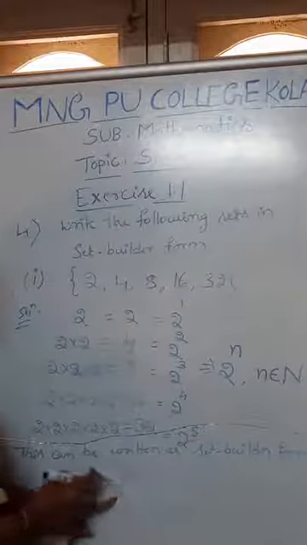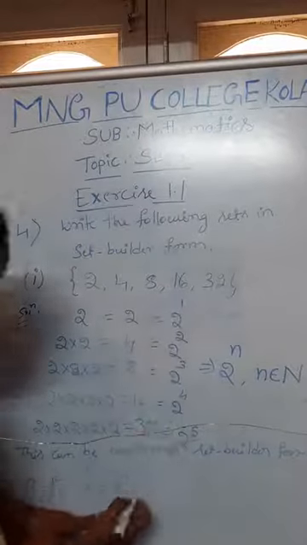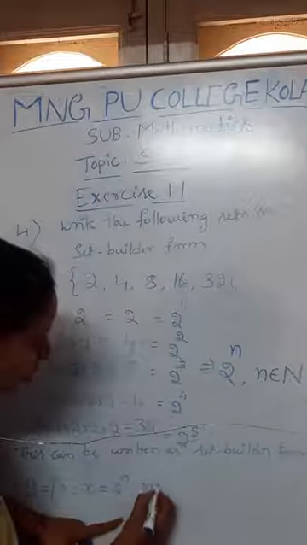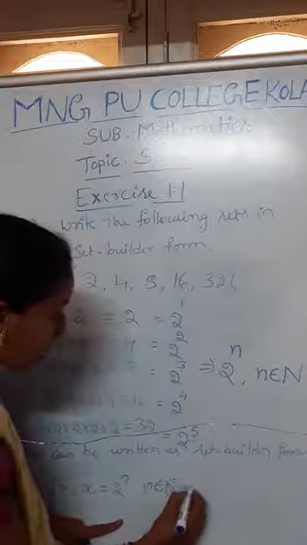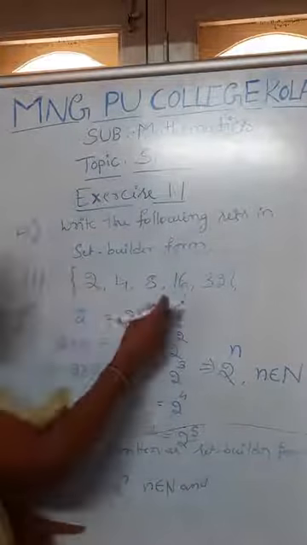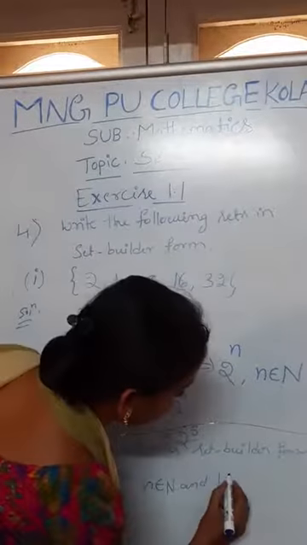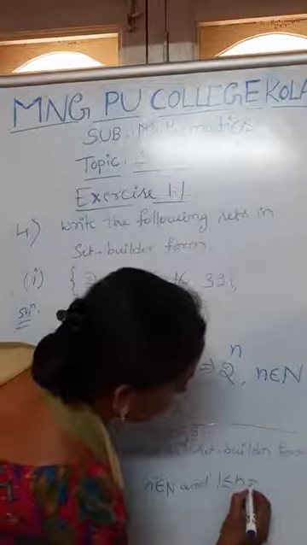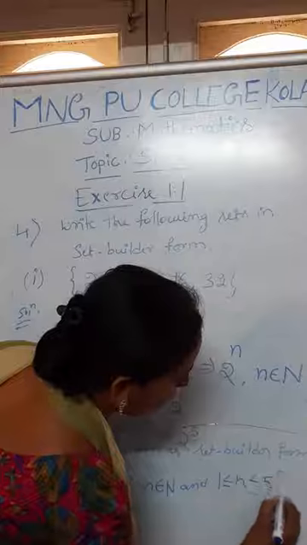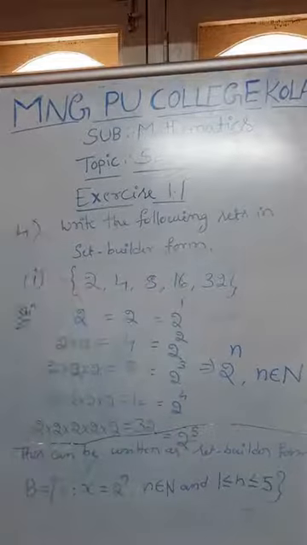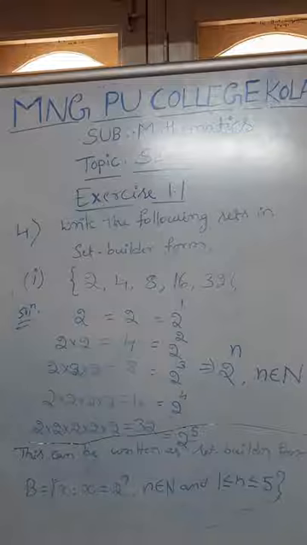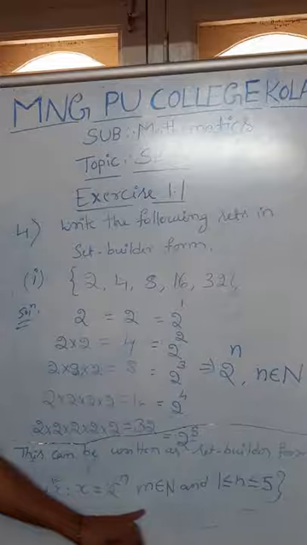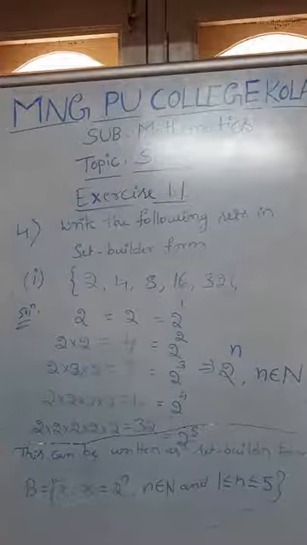Next if we take 5, x is 32. So this condition is suitable, and n lies between 1 and 5: 1 less than or equal to n less than or equal to 5. This is the set builder method, since we get a single common property.